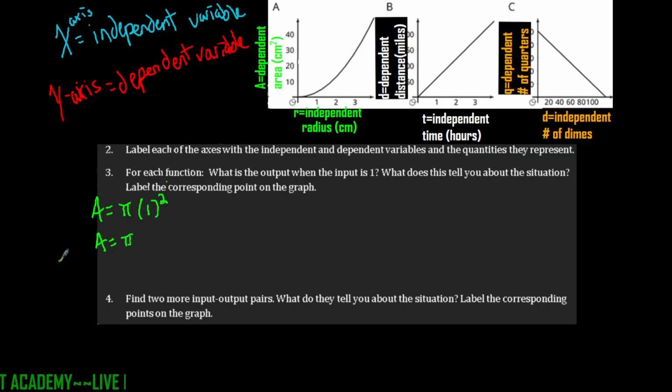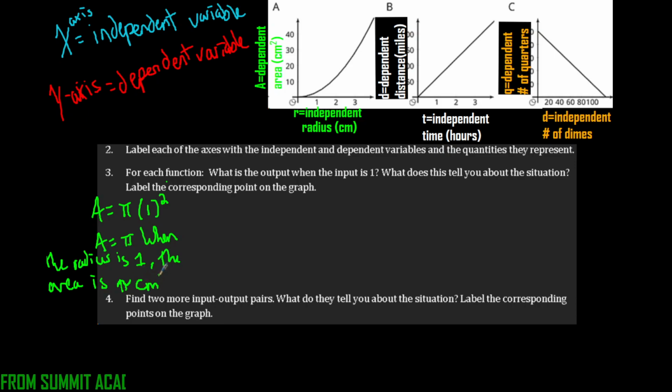So what that means is when the radius is 1, the area is pi. Let's use our symbol for pi, and we could say pi centimeters squared.